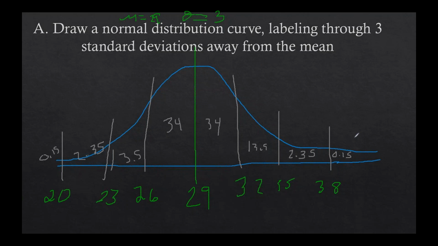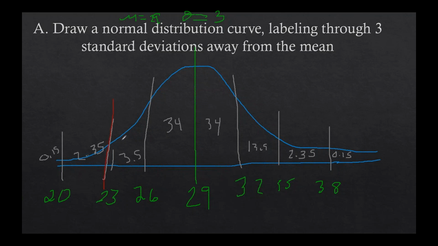Okay, so anyway, we did this. Now that we have a visual, we can answer some questions. I'm going to leave it on this screen as I recall the questions. Question B was, what is the probability a car gets less than 23 miles per gallon? If you have this taken care of, you locate 23. Well, 23 is right here.